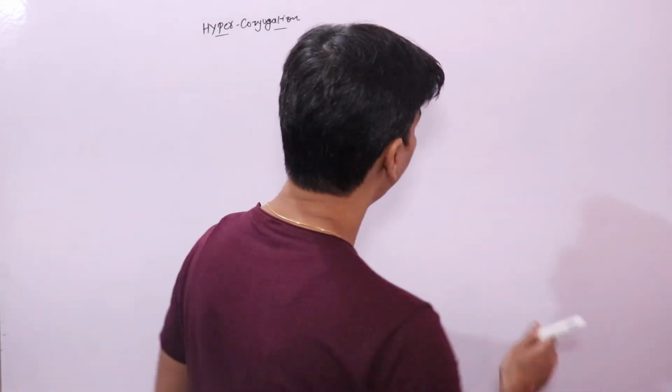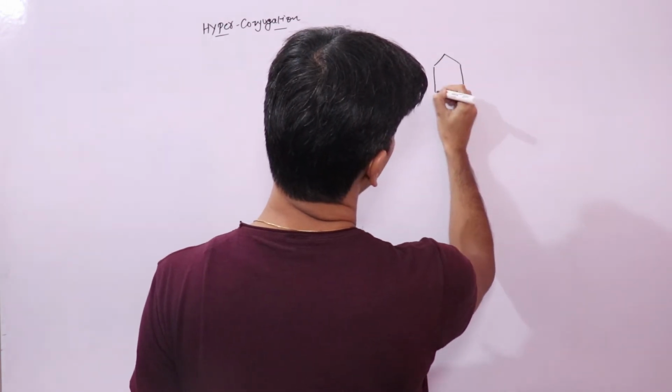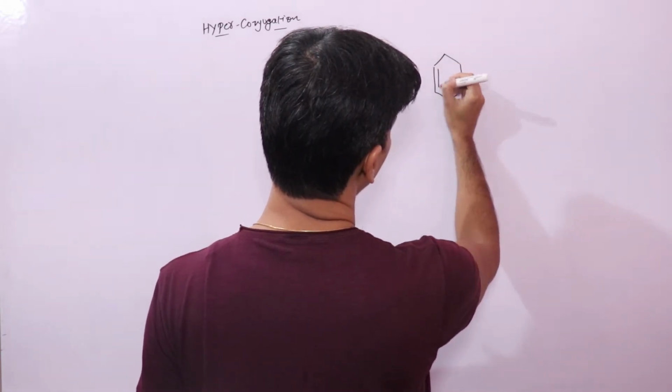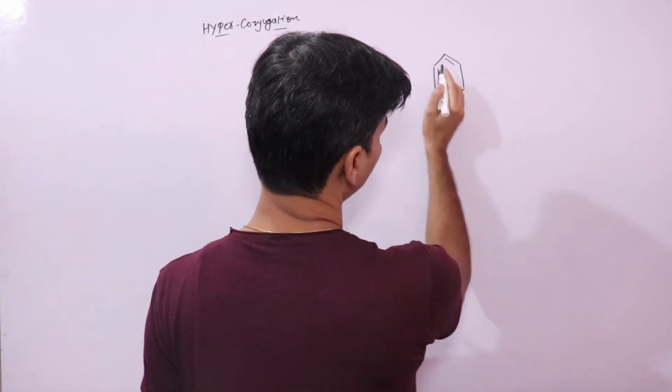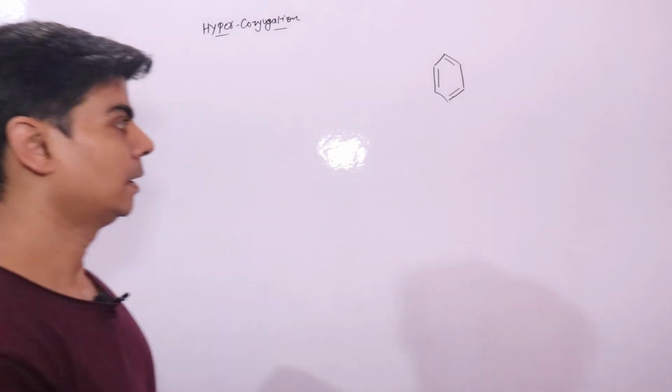Like in benzene, if this is the structure of benzene, we have this double bond, then you have a single bond, then again a double bond, a single bond, and then again a double bond.